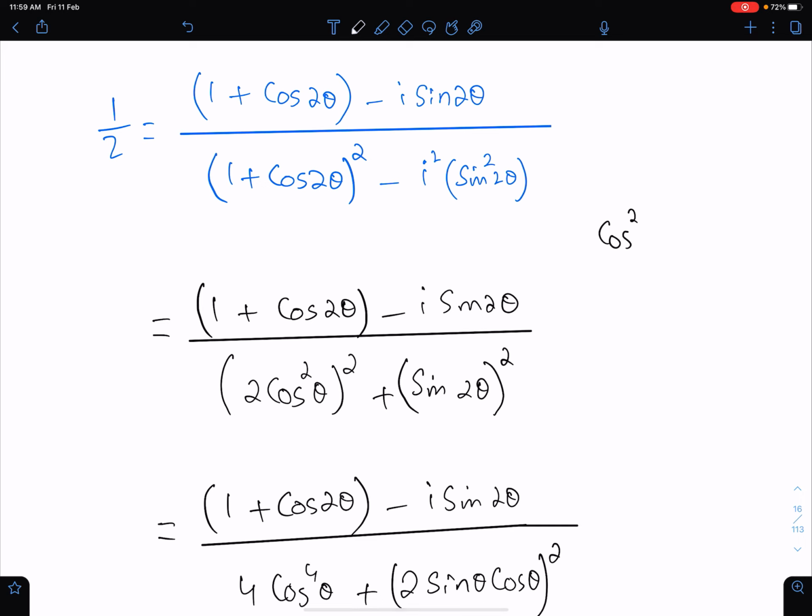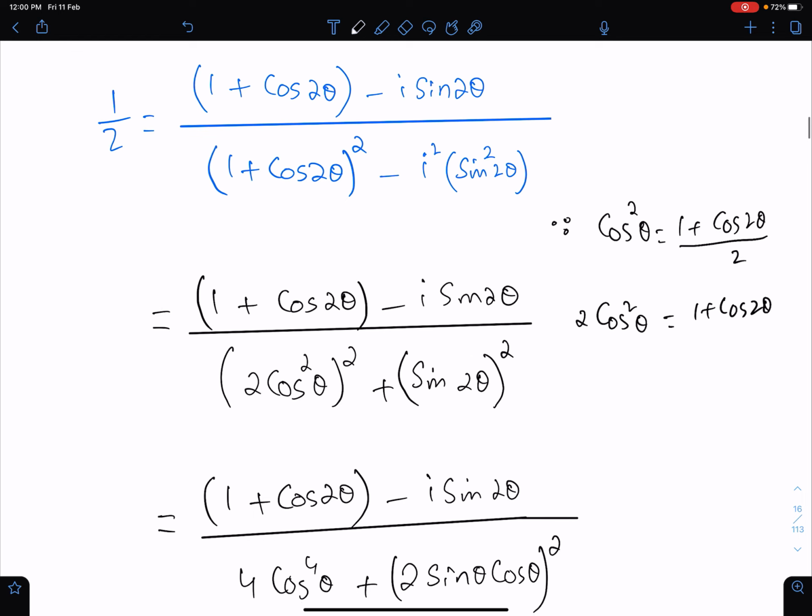Cos square theta is 1 plus cos 2 theta upon 2. So 1 plus cos 2 theta is 2 cos square theta. So we replace this by 2 cos square theta.